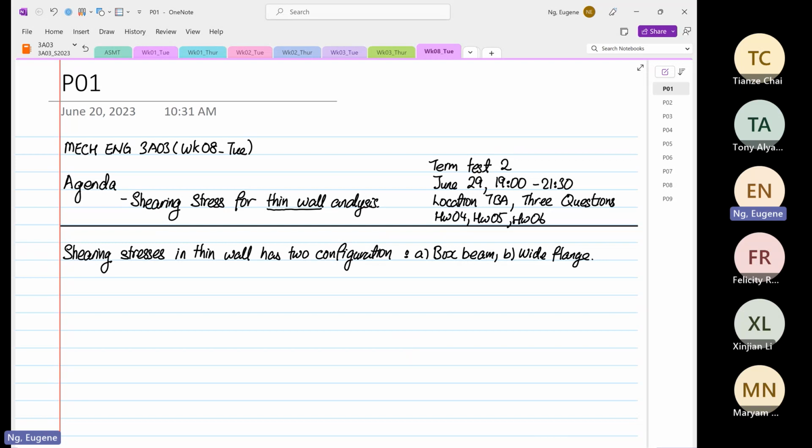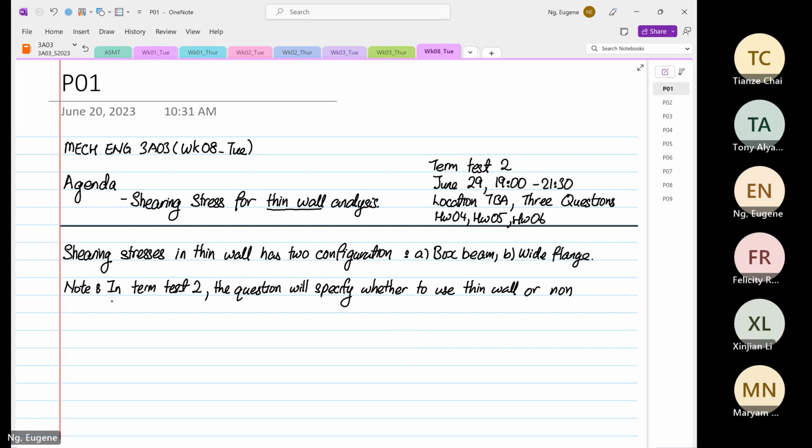Note, in term test 2, okay, in case some of you are curious, the question will specify whether to use thin wall or non-thin wall analysis.